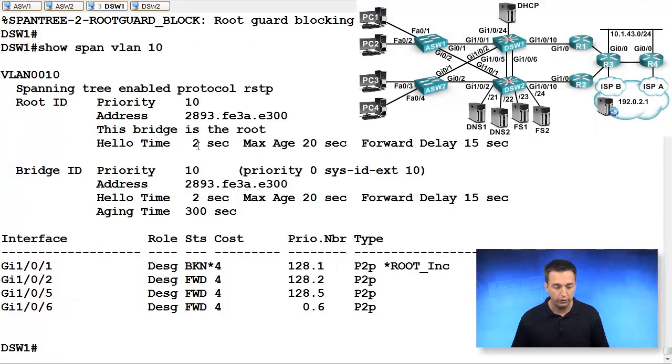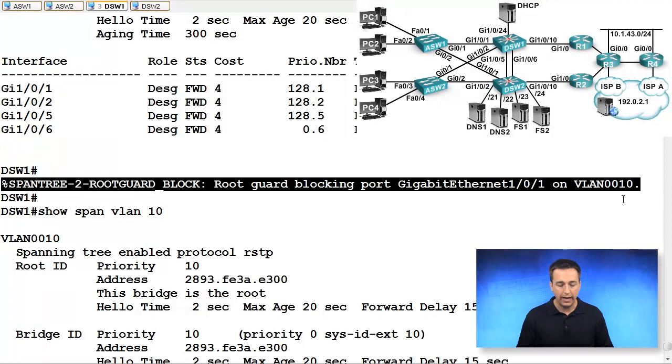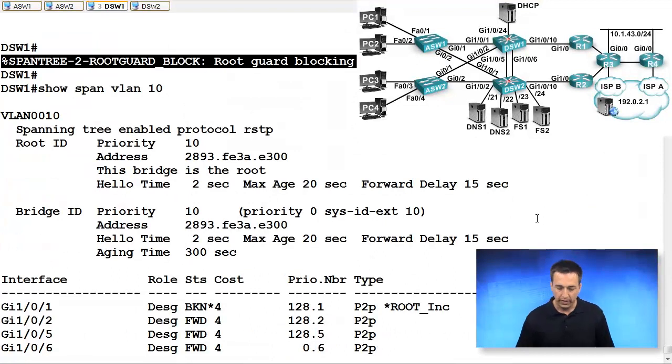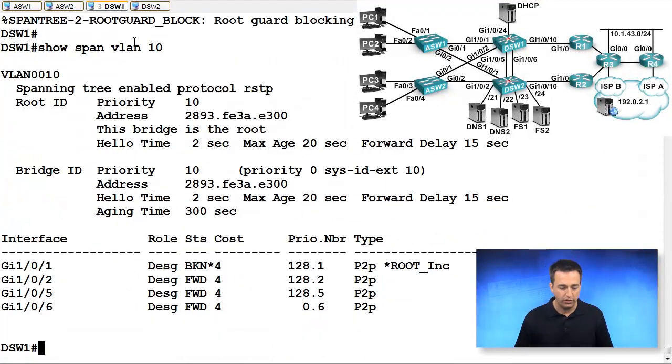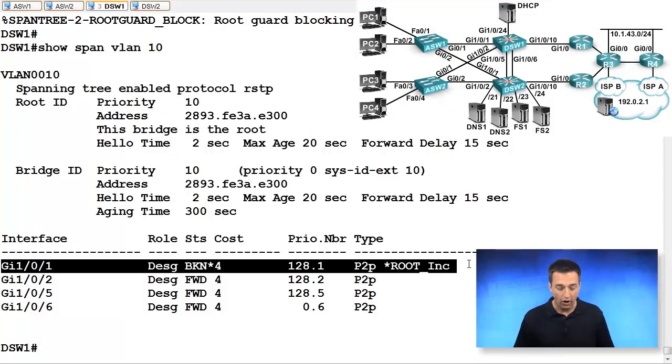So through the use of syslog messages, as we can see, we understand that we have a port that is being blocked by root guard. But another thing we can do is we can see the information in the output of show spanning tree for VLAN 10. We'll see here that it says our port gig 101 is broken. BKN for broken.